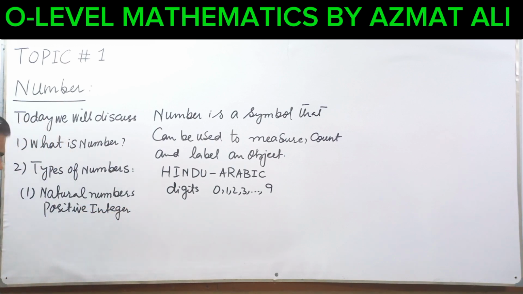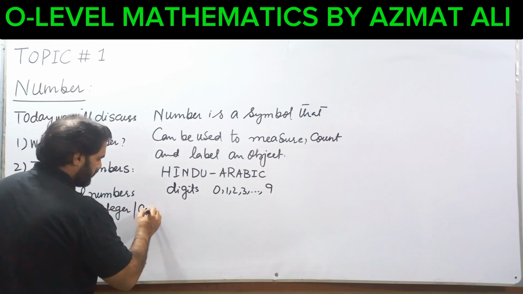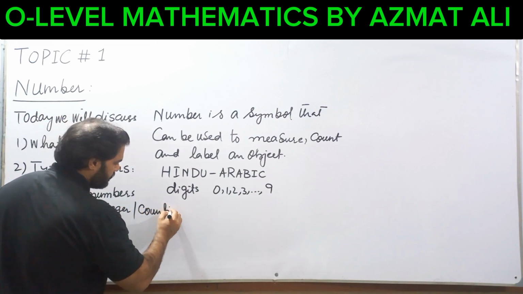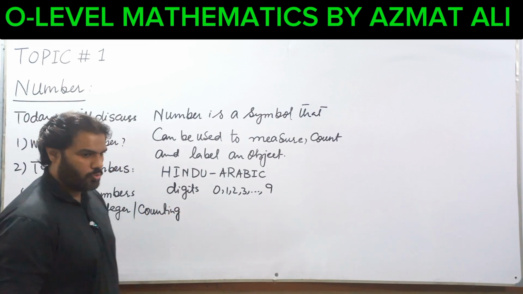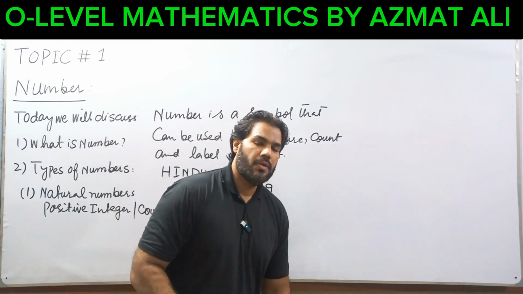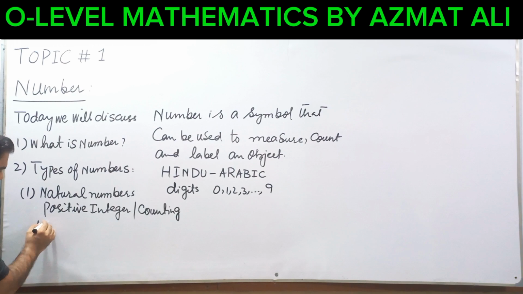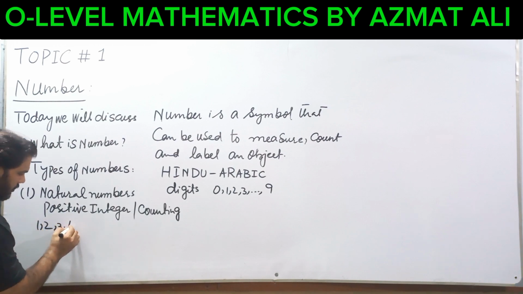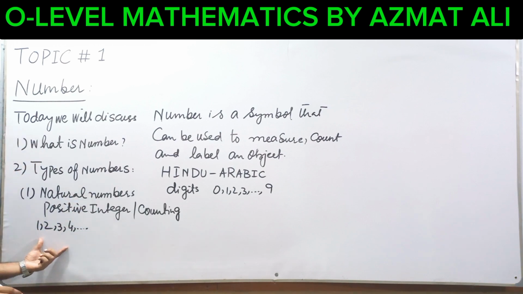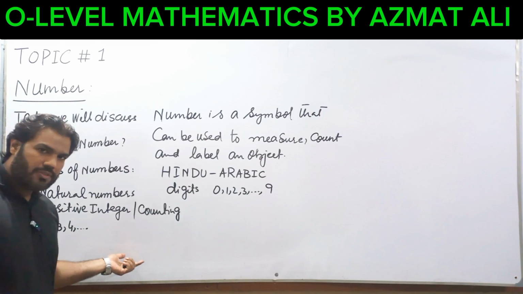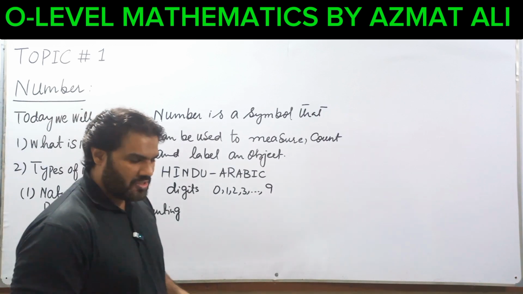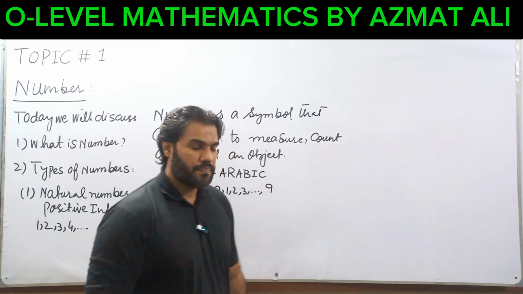They are also called counting numbers because they are used to count objects. These numbers are 1, 2, 3, 4, and so on. There is no end to these numbers.